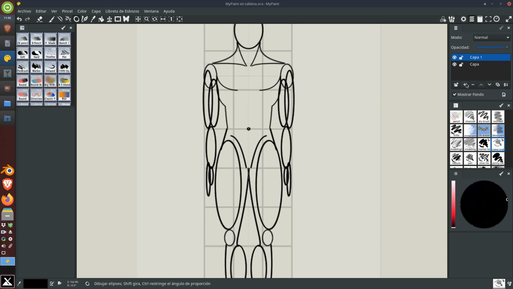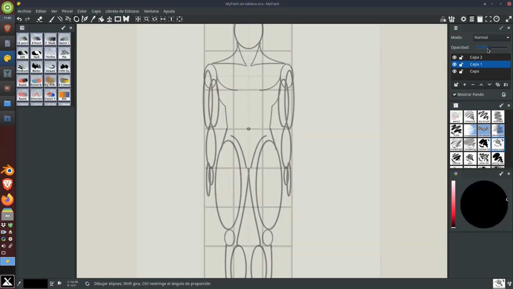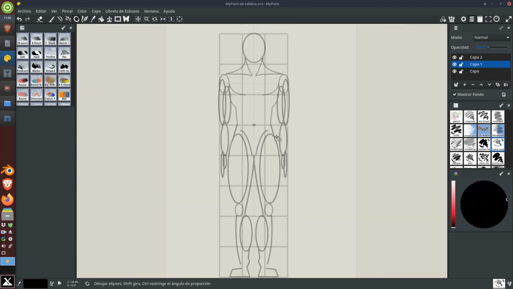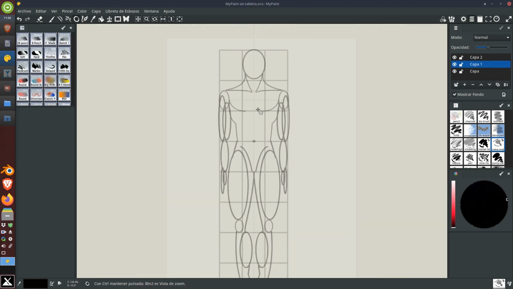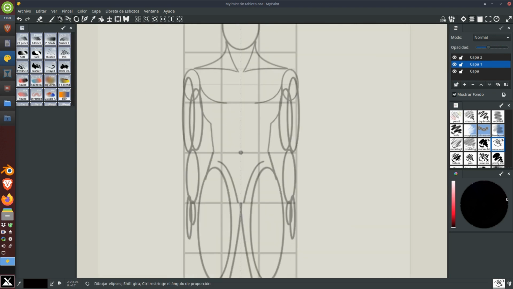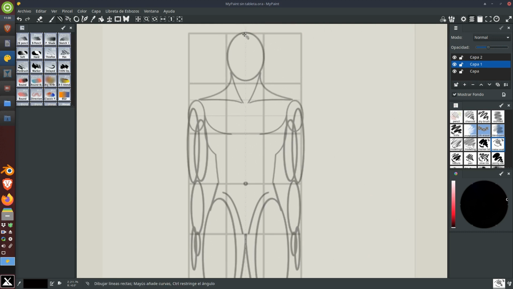So we create another layer. The one that was below, we pull it down a little bit, and this way it's going to be so much easier for us to now start drawing the correspondent lines. That means here, for instance, that's not the one, this is the one.